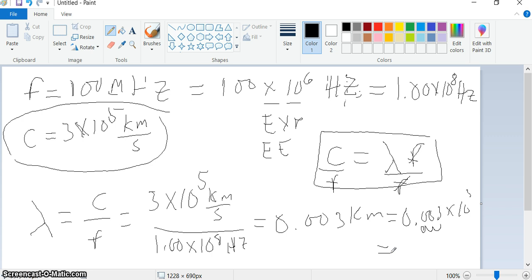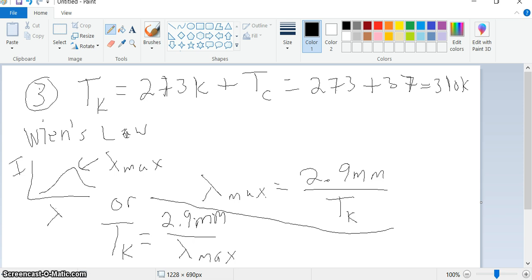Instead of kilometers, this would now be in meters, so it's 3 meters. It's a long way to say that radio wave would be 3 meters in its wavelength. Of course, its frequency is 100 megahertz. All right, let's move on to the next problem.